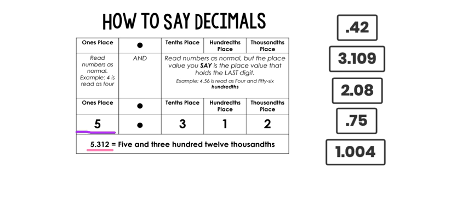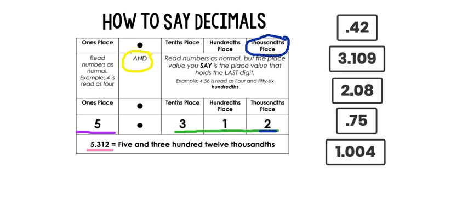When you get to the decimal, it is always going to be the word and. Anything after the decimal, you are just going to say the number as if nothing is in front of it. So this is just 312. And then the last step is to say the place value of the last number.